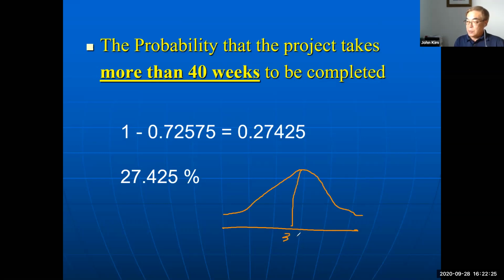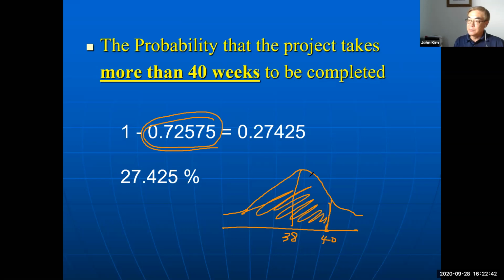When it was 38 and then 40, the chart gives this area. This is from the boundary left side, so in or less than.